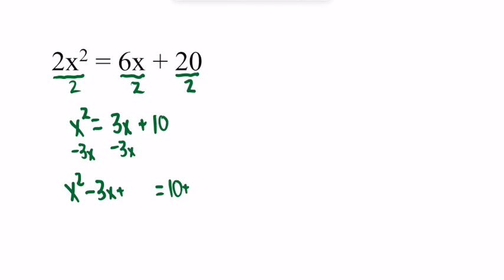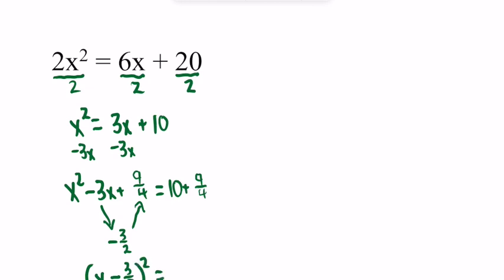To follow our completing the square process now, half of -3 is -3/2. -3/2 when we square it would be a positive 9/4, like so. On the left side, we know that this would be x minus 3/2 squared.